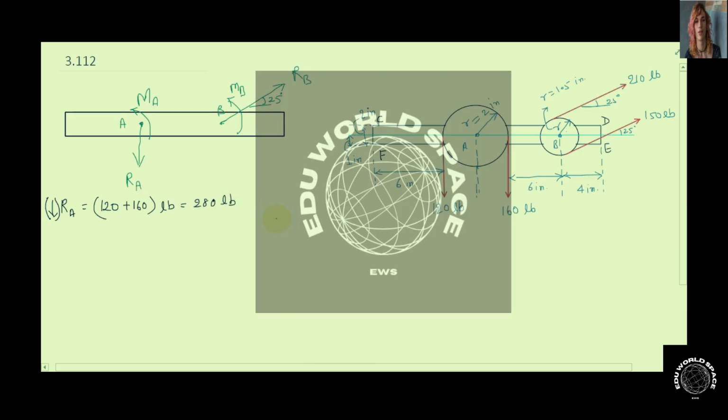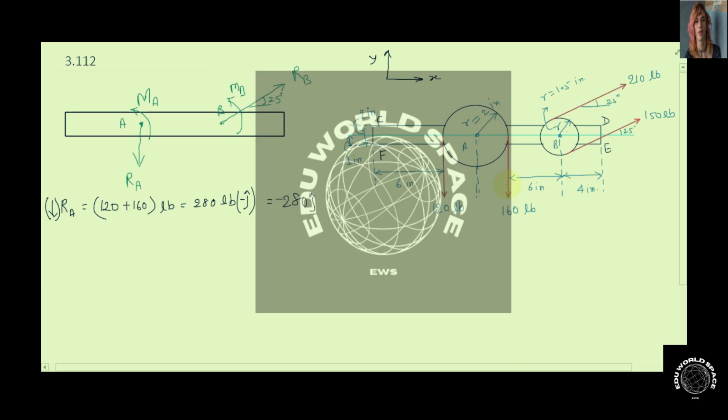If we assign it a direction, we have to define the coordinate system. Let's say this direction is the x-axis and this direction is the y-axis. So RA can be written as minus 280 j cap.